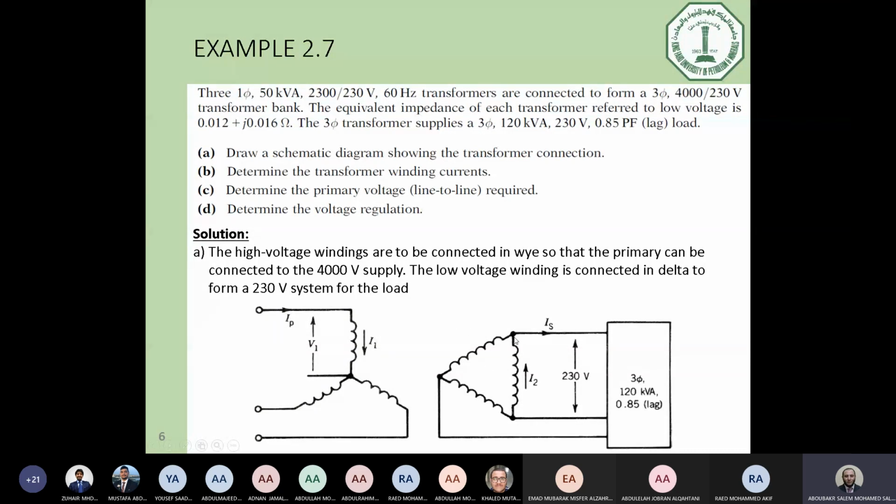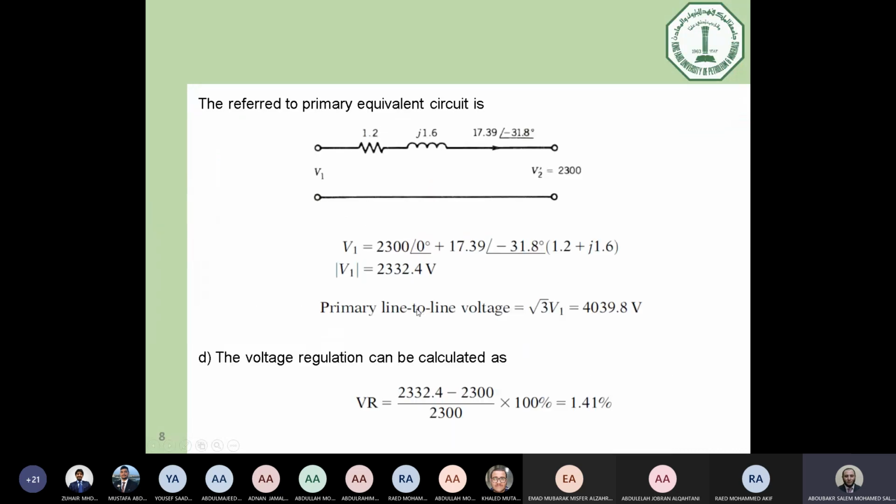We already consider the phase voltage, and now we consider the same for the current. So this is the current of the secondary after referring to primary, 17, and the angle is the same angle as the impedance, considering the phase of 2300 as reference.